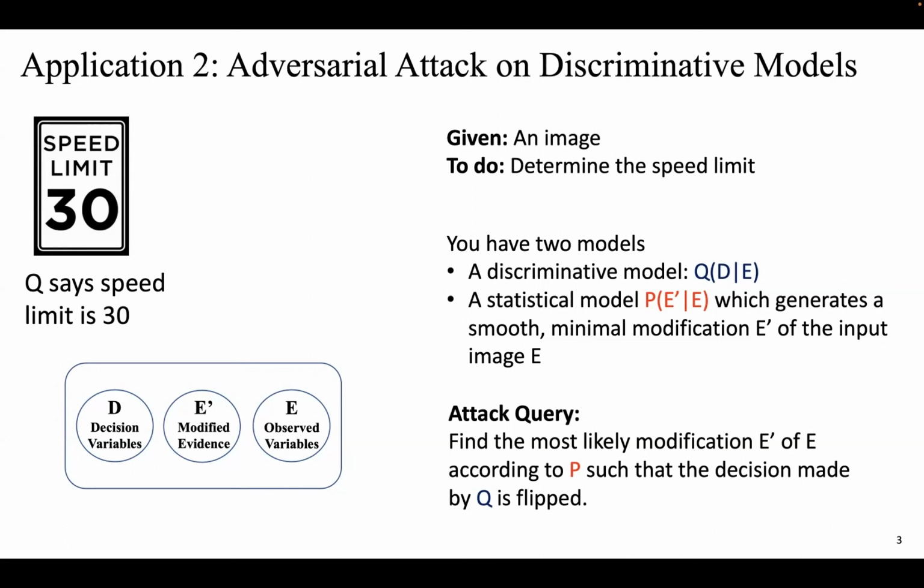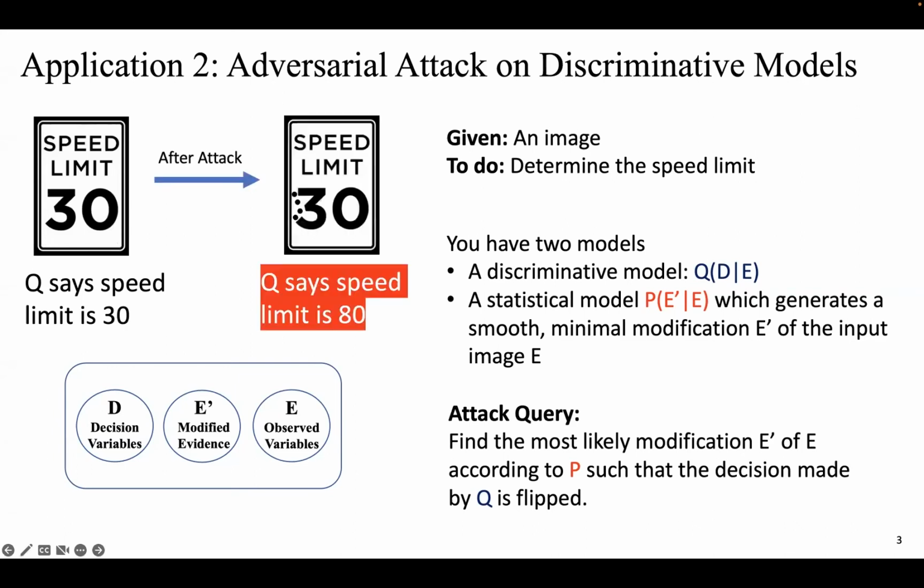In this case, the discriminative model made the classification that this is a speed limit of 30. Now your task is to attack the discriminative model and modify this image of 30 to something else, which is as close as possible to the original image, such that the decision made by Q is flipped. The decision made by Q in the second case, when I added these extra pixels to 30, is now a speed limit of 80.